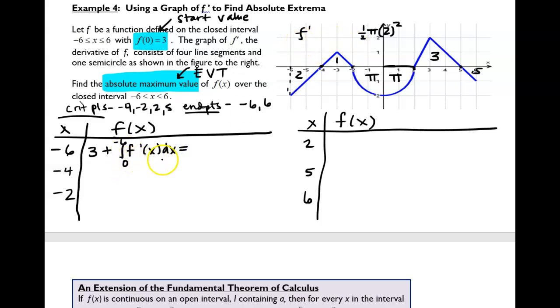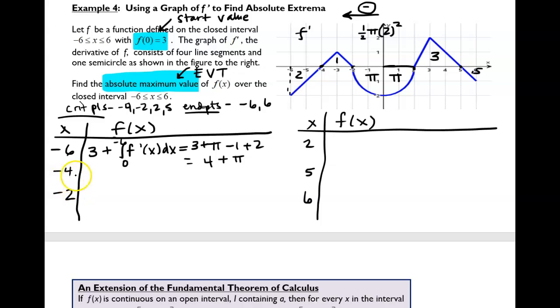So if I'm integrating f prime from 0 to -6, that means I'm going backwards from 0 to -6. When I'm going backwards, I do the opposite sign of my area. So I'm going to have 3, I'm going to subtract pi. Sorry, I'm going to add pi because it was negative. So I'm going to add it on, subtract 1, and add 2. So I do the opposite sign if I'm going backwards. That gives me 4 plus pi.